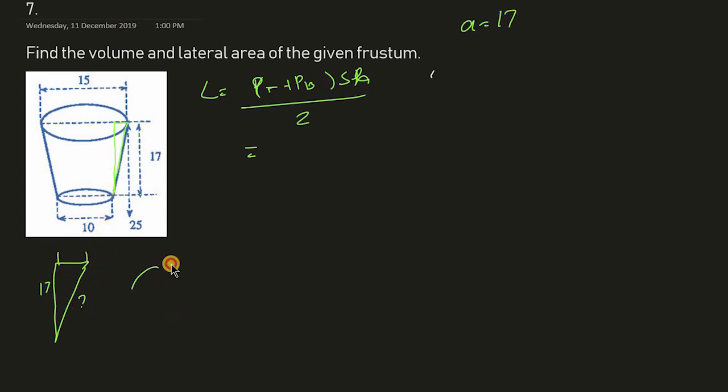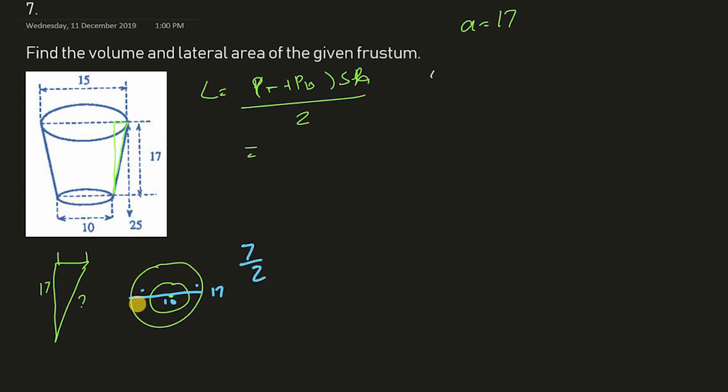Pero I can draw here a circle. Dalawang circle yan, di ba? Same sila ng center. Ngayon, yung buong ito is 17. Yung sa loob lang, dito, ito, that's 10. So, if I subtract 17 minus 10, that's equal to 7. So, yung part dito, tsaka dito is 7.